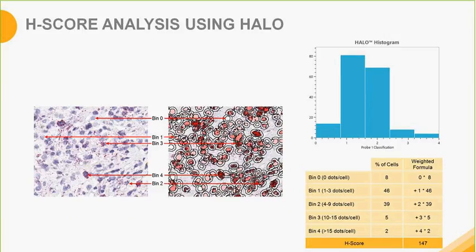In HALO's quantitative H-score analysis shown here, each cell is assigned to a bin based on the number of dots per cell, again similar to the SPOTSTUDIO example that we just went through. Clusters are divided by the typical probe signal area to calculate a dot number for a given cluster. And then an H-score calculation is performed to assign a single score for a selected area, for example, this square panel, based on the average target expression in this tissue.